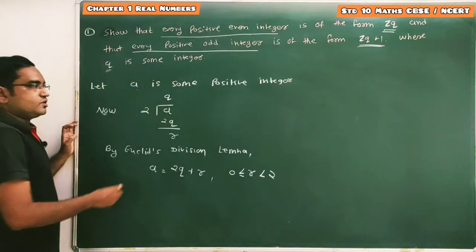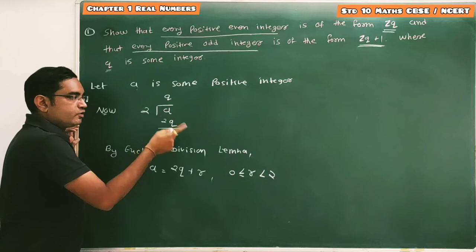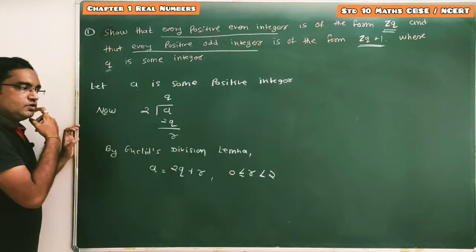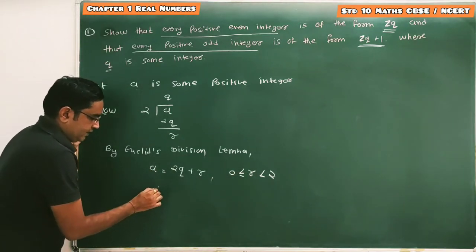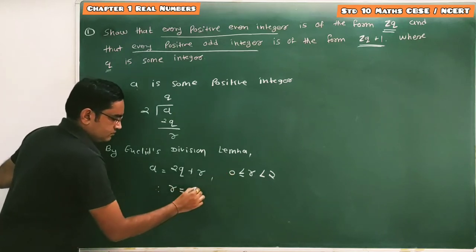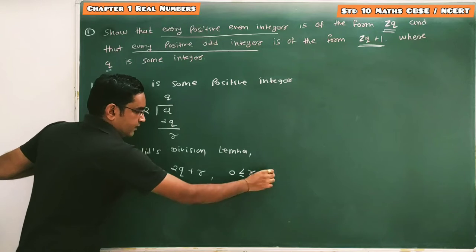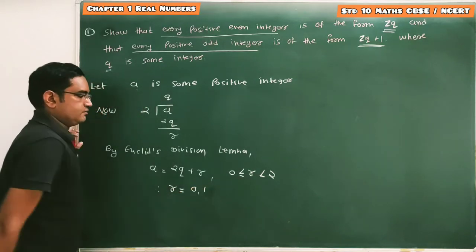In this long division process, this remainder r will always be greater than or equal to 0, and it will always be less than this 2. So we can take different values of r. r can be 0, it can be 1, but it cannot be 2 or greater. So possible values of r are 0 and 1.